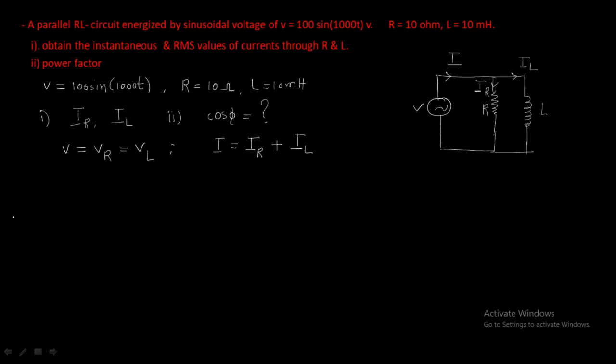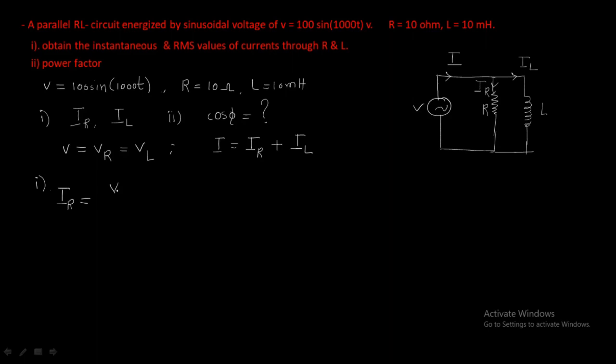First you have to find IR. The first point is to find IR and IL. What is IR? IR means current flowing through the resistor. By Ohm's law, it is the voltage across the resistor divided by the resistance.